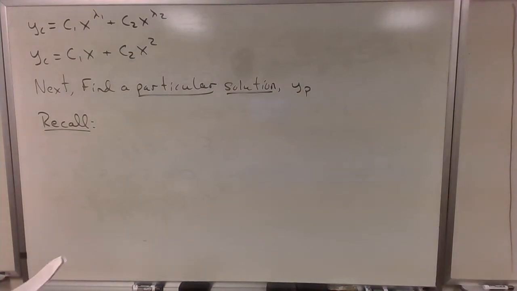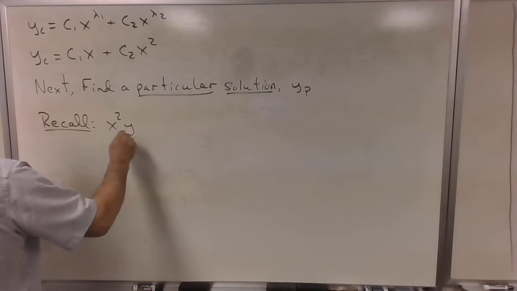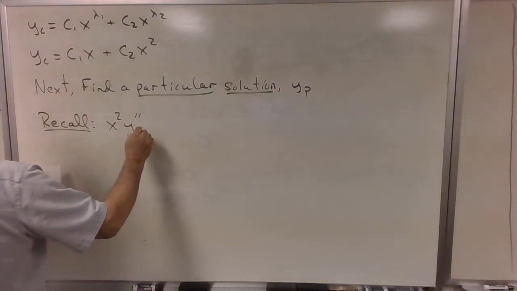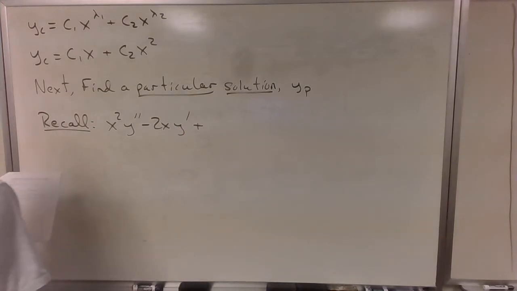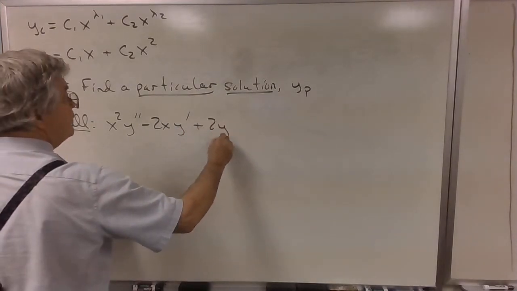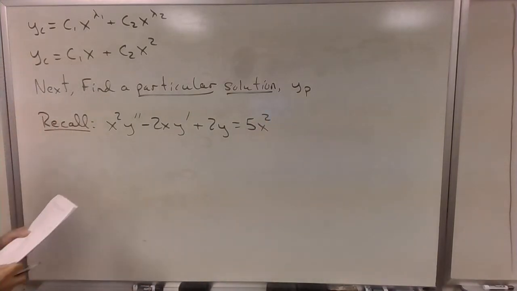What was our original equation? X squared y double prime minus 2xy prime plus 2y equals 5x squared.